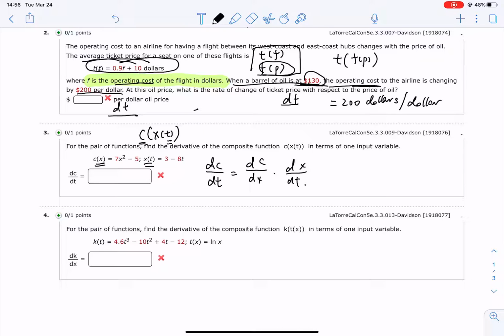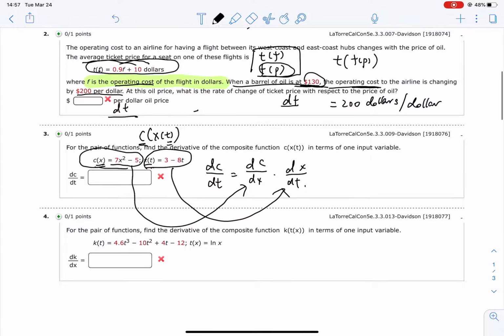Then what is dx dt? By using this one, we know dx dt. And what is dC dx? For dC dx, we have this formula. But because dC dt is a function of t, we cannot have x on the right side. So even though you have an x, you have to rewrite it, transforming x into t. Then we are done.